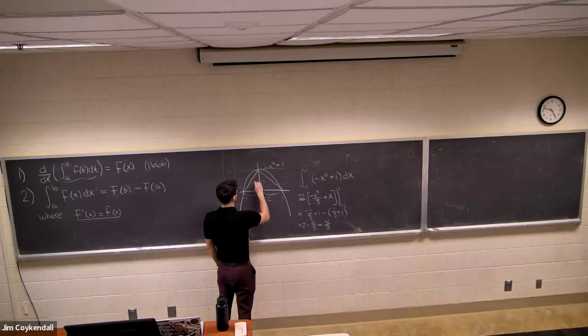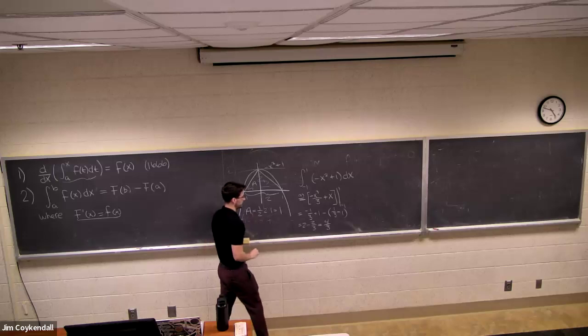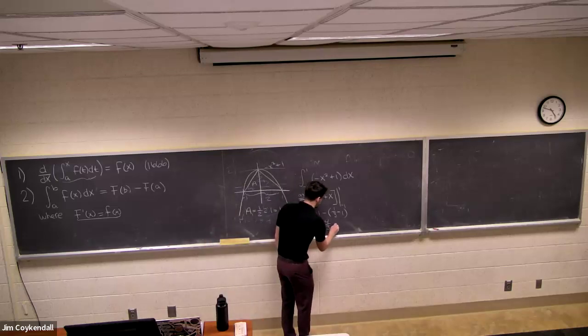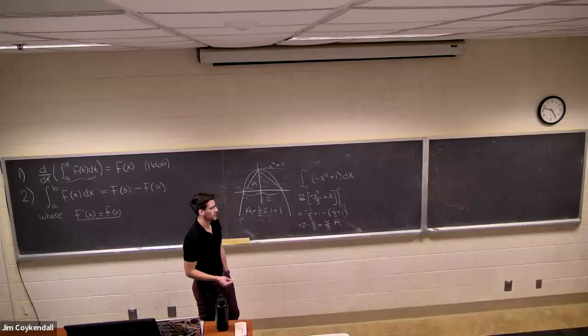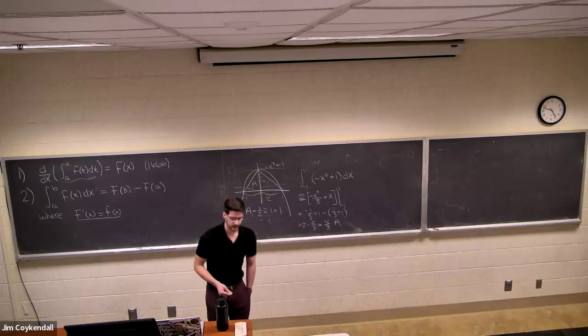So this area is of course 1/2 base times height, or 1. And there you go. Archimedes was right, and 2,500 years later, we have a very different way of doing it, which is still pretty beautiful, I think.